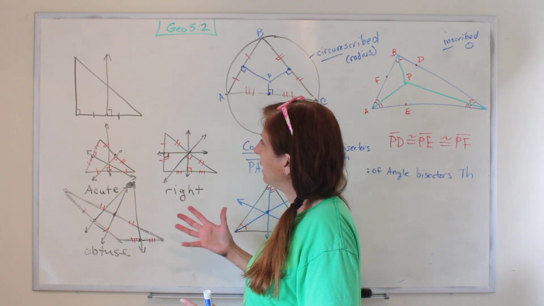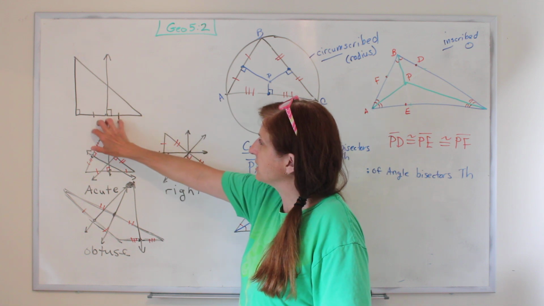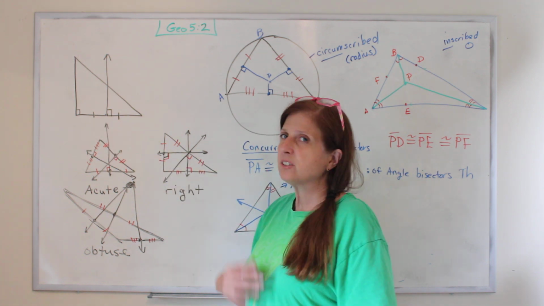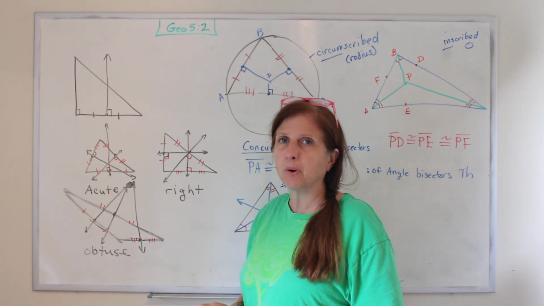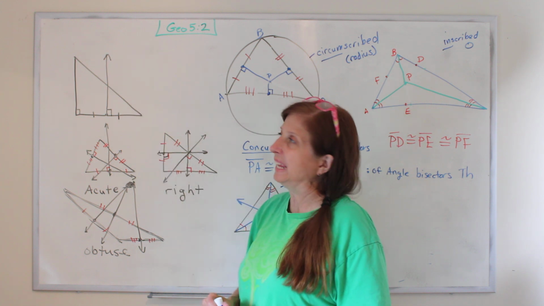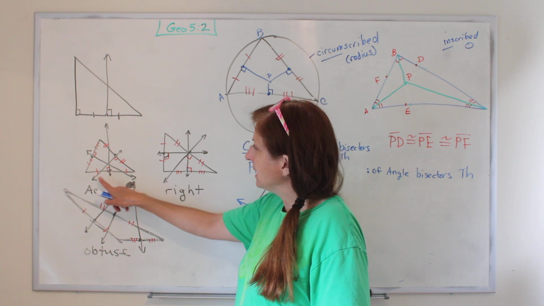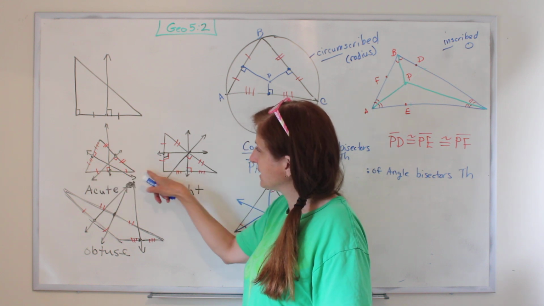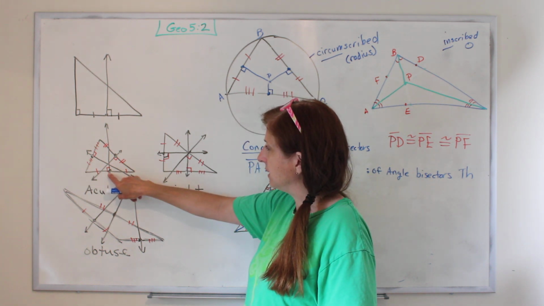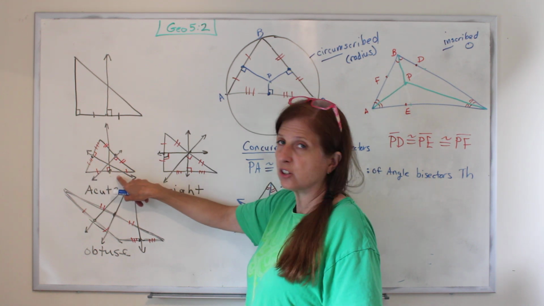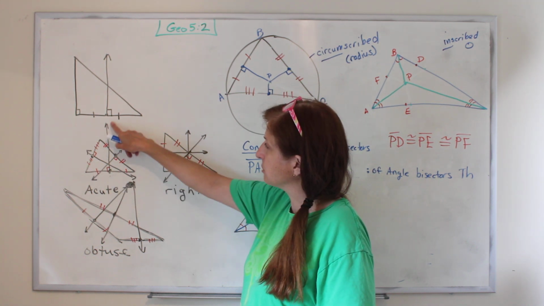Alright, so now if you do this to each side of a triangle, you see some interesting patterns emerge on where they're going to meet. If it's an acute triangle, I cut this side in half right here with that dot. These two sides are equal. The line is perpendicular.